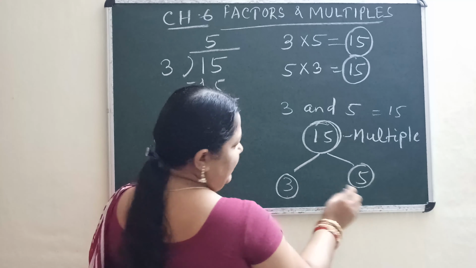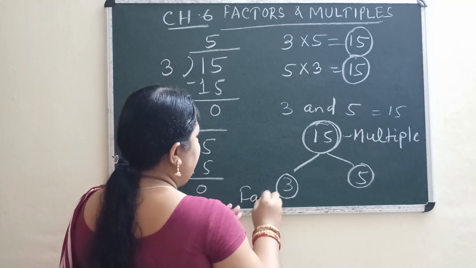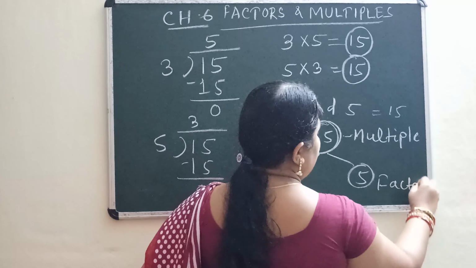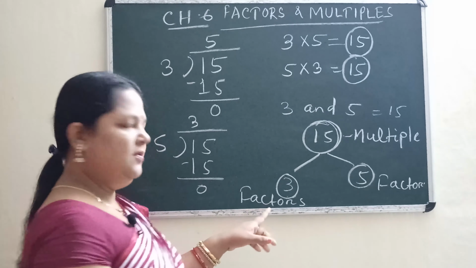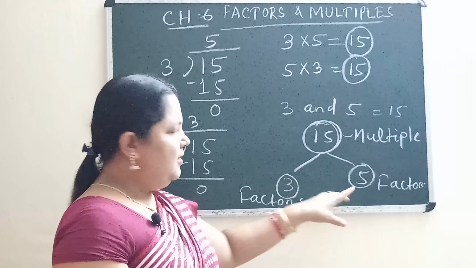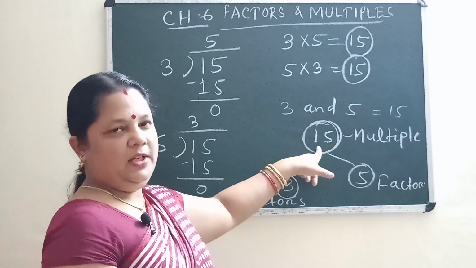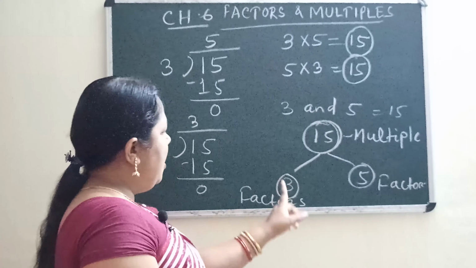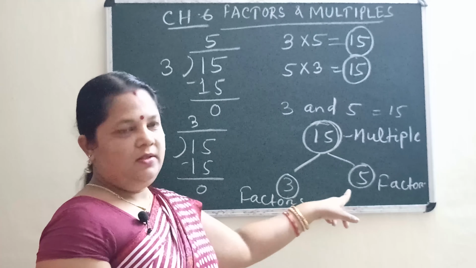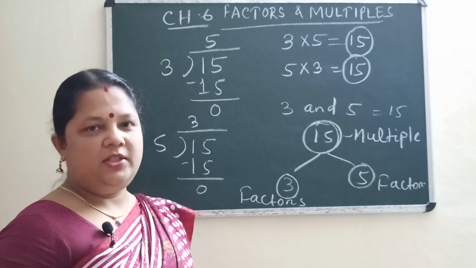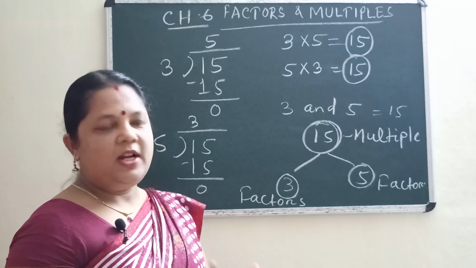And these two kids you can write, these are factors. So these two members, or these two kids, are the factors of 15. And 15 is the multiple of these two factors. So factor and multiple are both related to each other. This is our general idea.